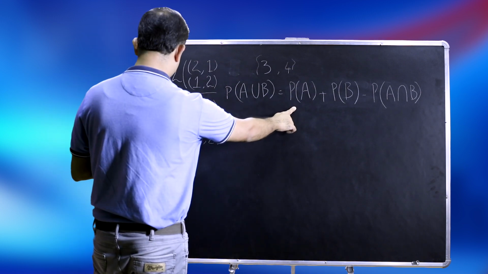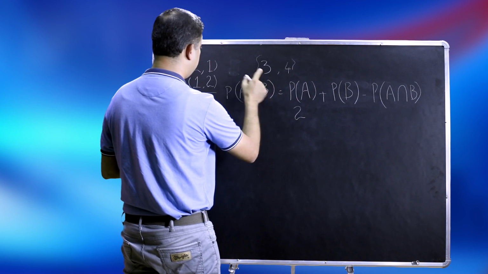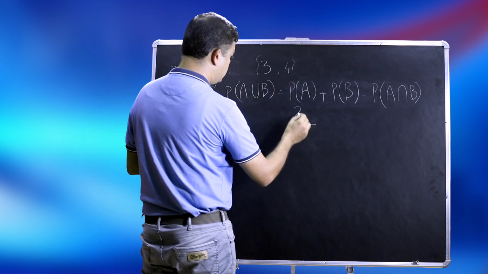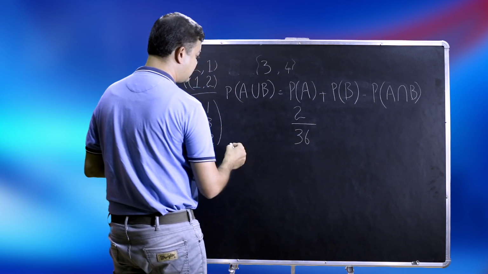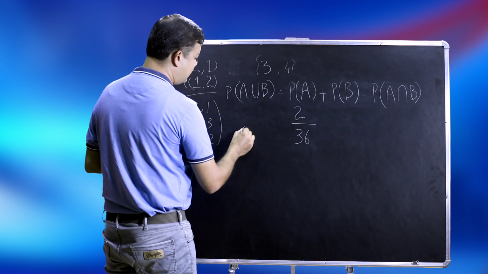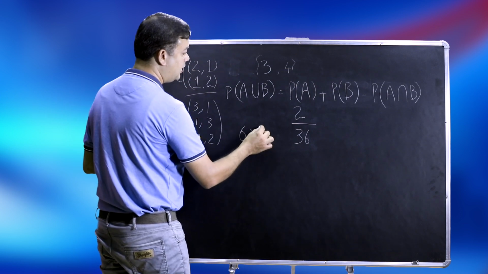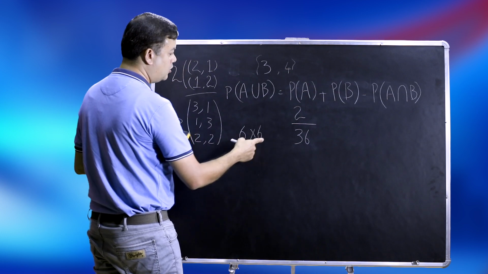So the probability of success for A is 2, because to get 3 there are only 2 ways it's possible. So it's 2 divided by, totally there are 36 ways. How did I get this 36? The first throw you will get 6 ways, and the next throw you are going to get 6 ways, because there are 6 faces of the dice, so you are going to get 36.